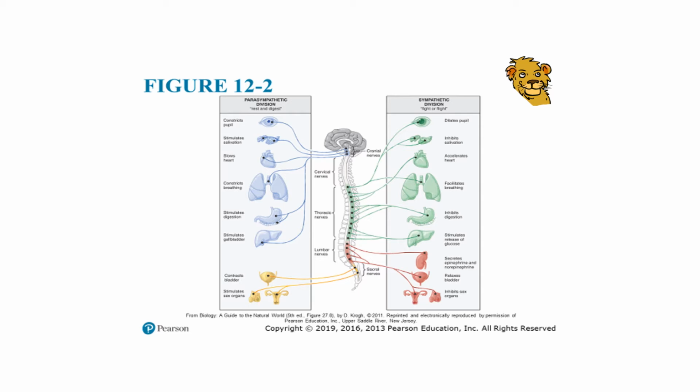In the male, it will fill the penis with blood to create an erection. Okay. So now remember, you don't have to activate this entire system. The parasympathetic system can choose what it wants to activate and inactivate. So it's not like all of these things have to happen at the same time.